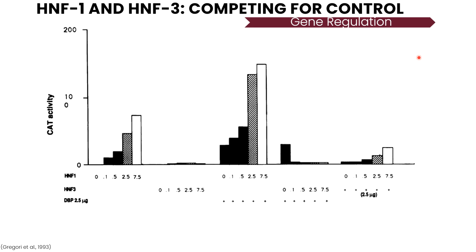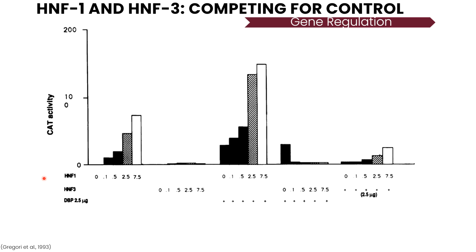So let's find out what happens when HNF1 and HNF3 interact with those overlapping regulatory sites. This experiment is going to help us answer that question. This graph is very dense, so instead of looking at everything at once, we're going to move through the three experimental groups from left to right. We're going to start by looking at our labels.